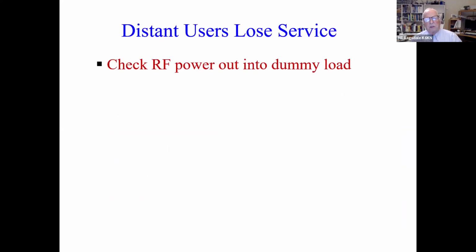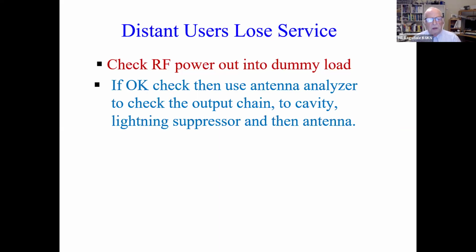Now, what if a distant user loses service? Somebody out in the boondocks loses service and said, you know, I used to have that repeater come in here reliably, and I don't hear it anymore. Well, in this case, you connect your RF power into a dummy load, and then use the antenna analyzer to check this output chain.